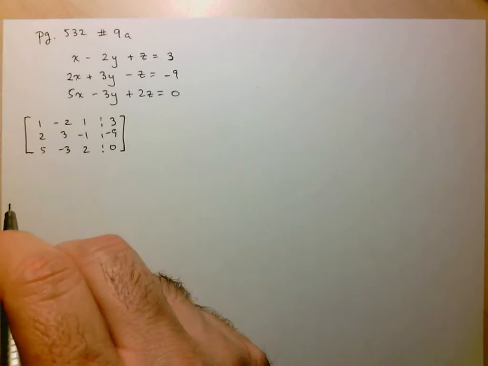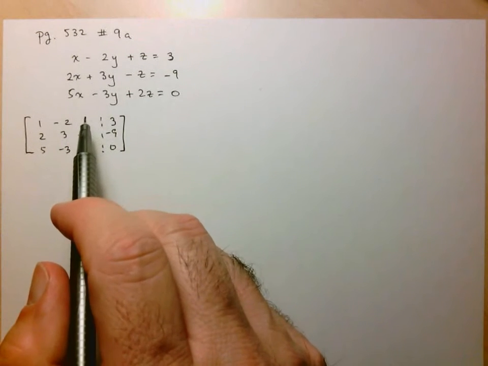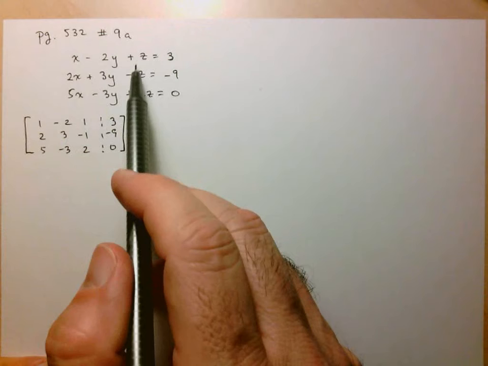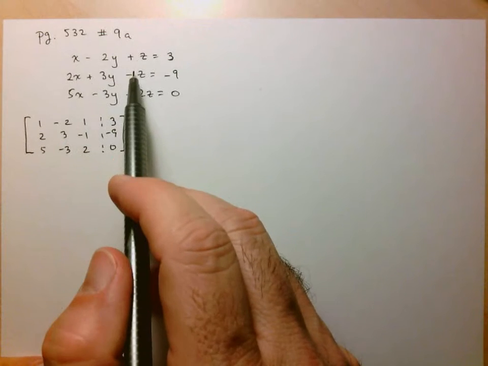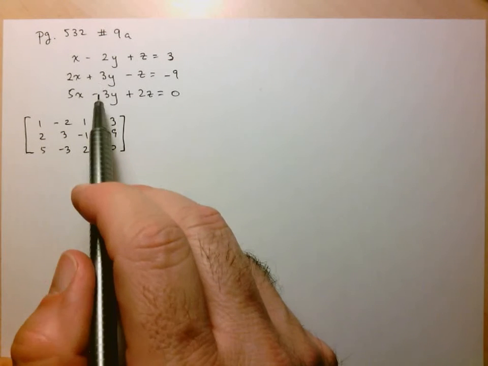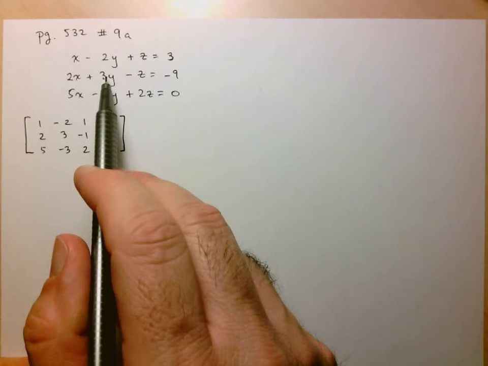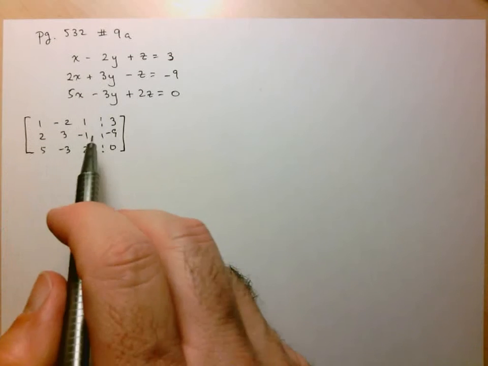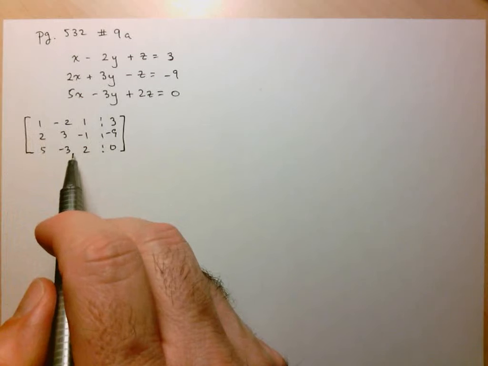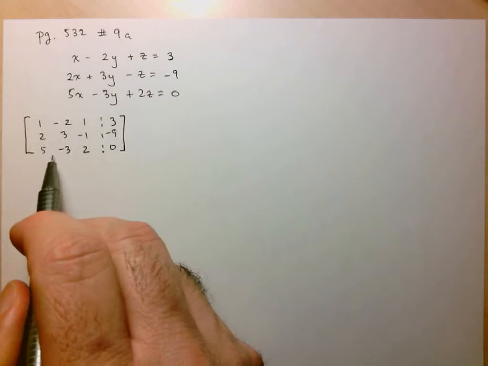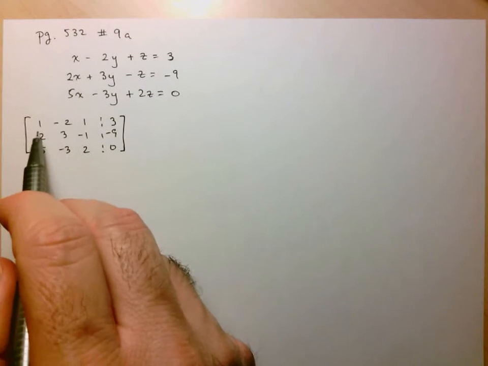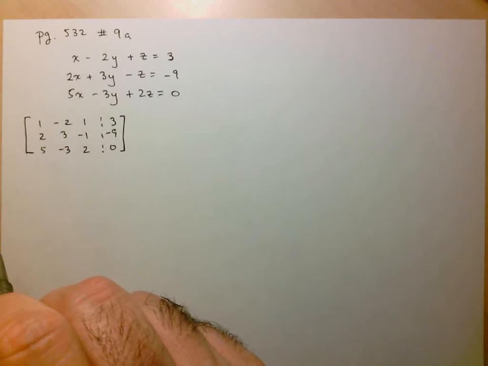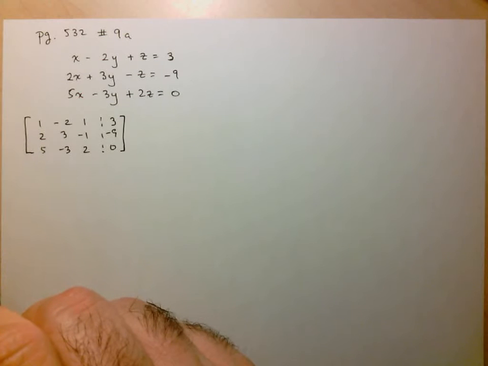Now notice that if I were solving by elimination, I might add equations 1 and 2 to eliminate the z, or add equations 2 and 3 to eliminate the y's. But here I'm going to follow the algorithm of trying to obtain that corner of zeros, row echelon form, in order to establish my solution.